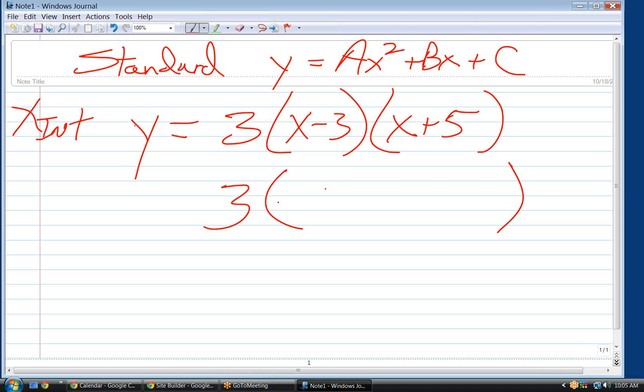Yeah. So what is x minus 3 times x plus 5? Okay, so let's start with x squared. Let me help you a little bit on foiling. Let's try to do the next 2 steps in one step. So it would be outside, 2x, inside.